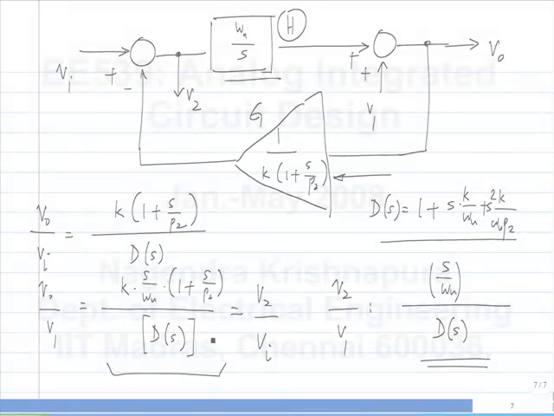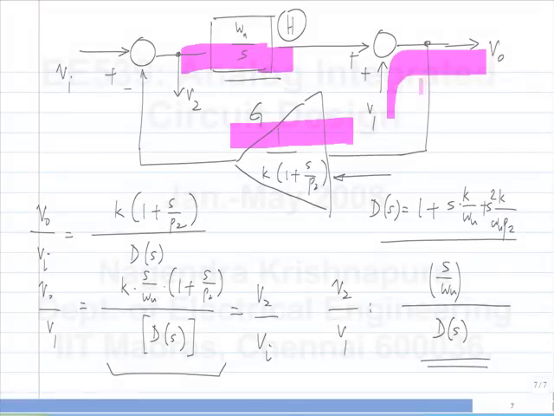Now, it's not very hard to figure out why, right? So, we are talking about this path, V1 to V0. Okay. What happens at very high frequencies to the loop gain? I mean, see, at very high frequencies, this path attenuates and this also attenuates. So basically, whatever goes around the loop is nearly 0. At extremely high frequencies, it's like the loop is broken.